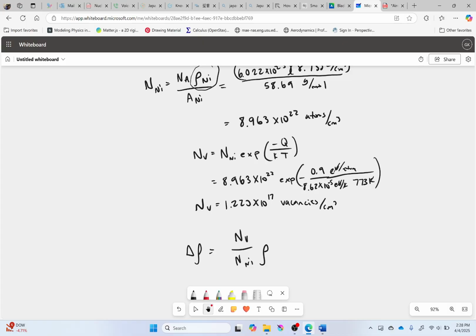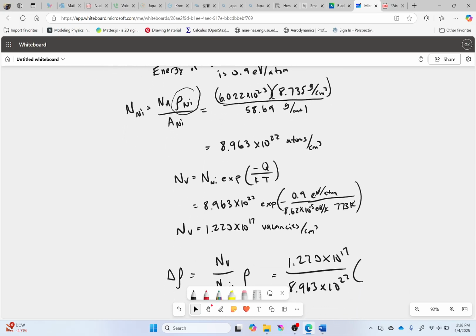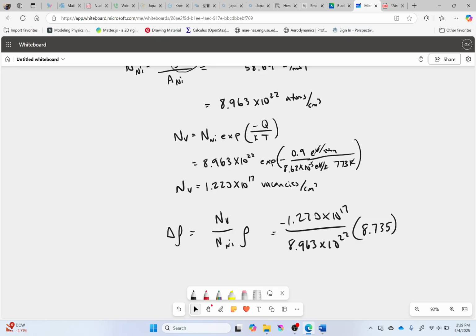First off, what's my density? There it is, okay. So this would be equal to 1.220 times 10 to the 17th over the number of lattice sites, which is 8.963 times 10 to the 22nd, finally multiplied by 8.735. As a note, this is going to be negative. Why? Because the density is going to be getting smaller.